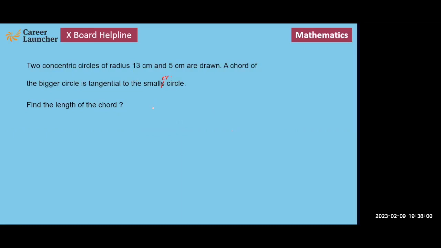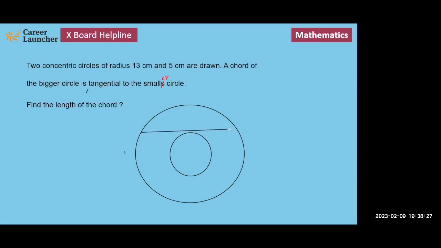Okay, so two concentric circles of radius 13. So this is one circle. Then you have another circle. So let me draw this maybe here. Okay, so we have got two circles, 13 and this one.